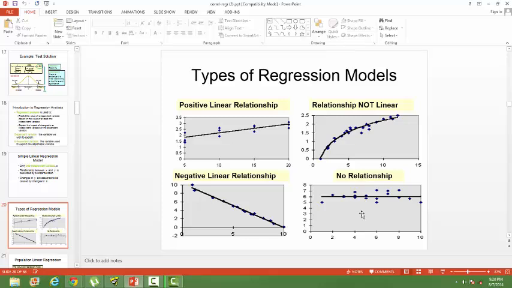That means there is no relationship between x and y. There is no point in doing a regression. When there is a non-linear or curvilinear relationship, the regression line will be some kind of a curve. It's not a straight line, right? As you can see.